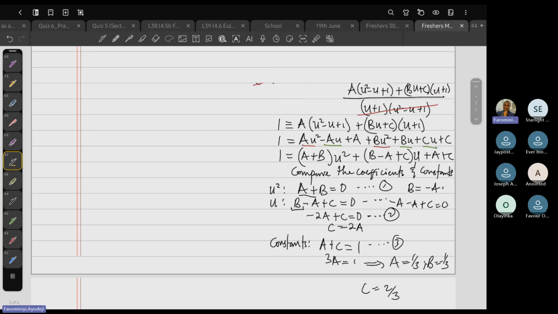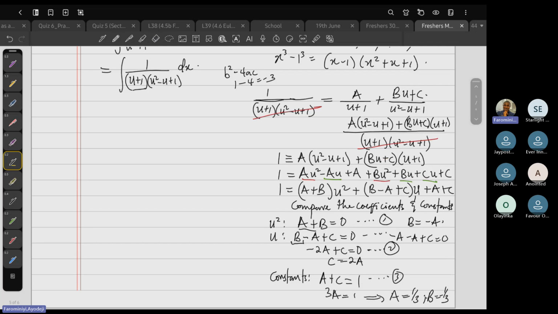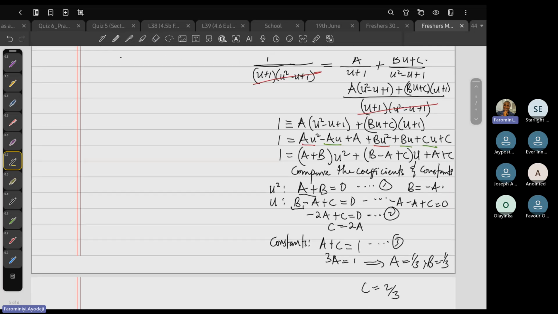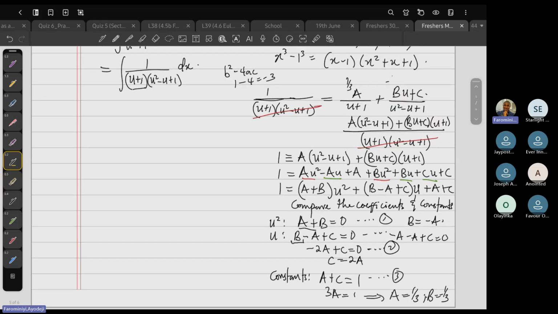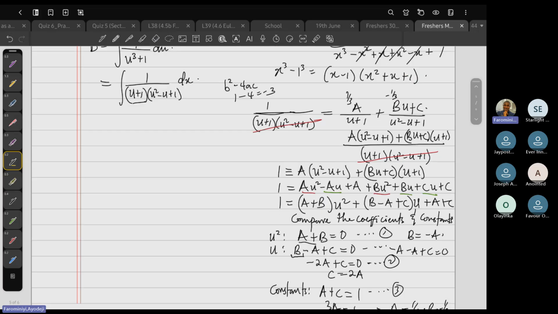I don't have the time, but ordinarily, one can check if that is correct. Put 1 over 3 here, negative 1 over 3 here, and 2 over 3 here, and solve it. You're going to get what you have on the left. However, that means that the integrand can be written as 1 over 3(u plus 1).